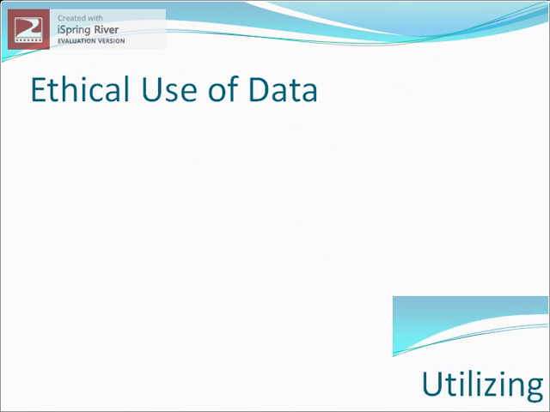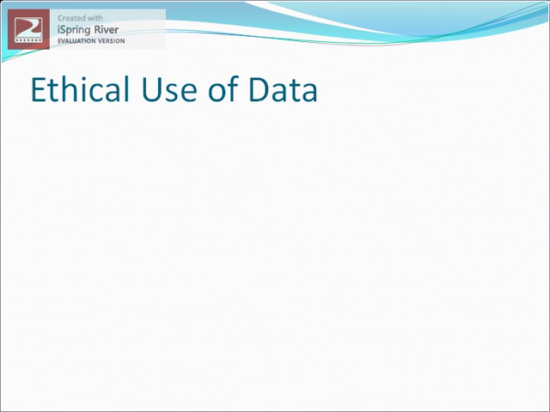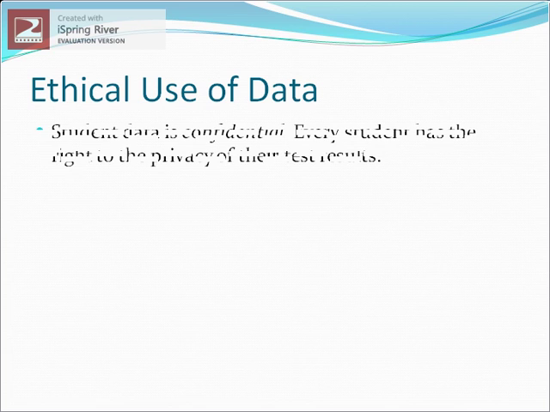Anyway, moving on. Now, a data literate teacher also knows how to use data ethically. This is something that's really important. Now, all student data is confidential. Students have the right to not have other people know what their test scores are.